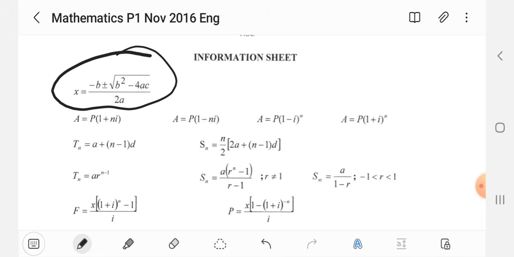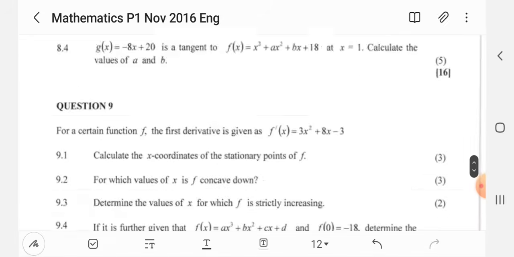Especially if you do not know how to factorize. If you know how to factorize, good. But if you don't know how to factorize, always use this formula to help you be able to answer any of those questions.